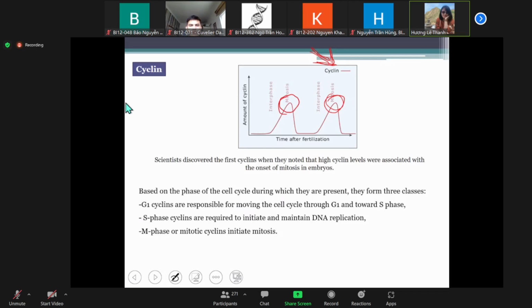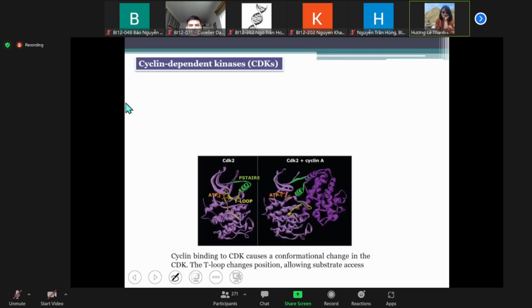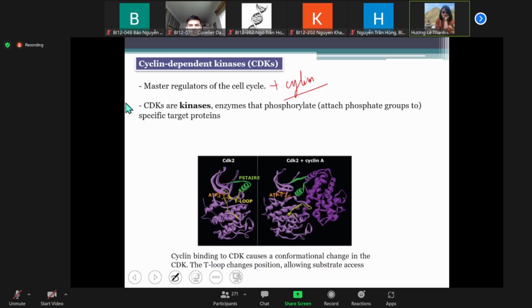initiates the mitosis. And what about the cyclin-dependent kinase? They are the master regulators of the cell cycle, and they need to work with cyclins, right? And they are kinases. It means they require one phosphate group. And they are active only with the cyclin proteins.